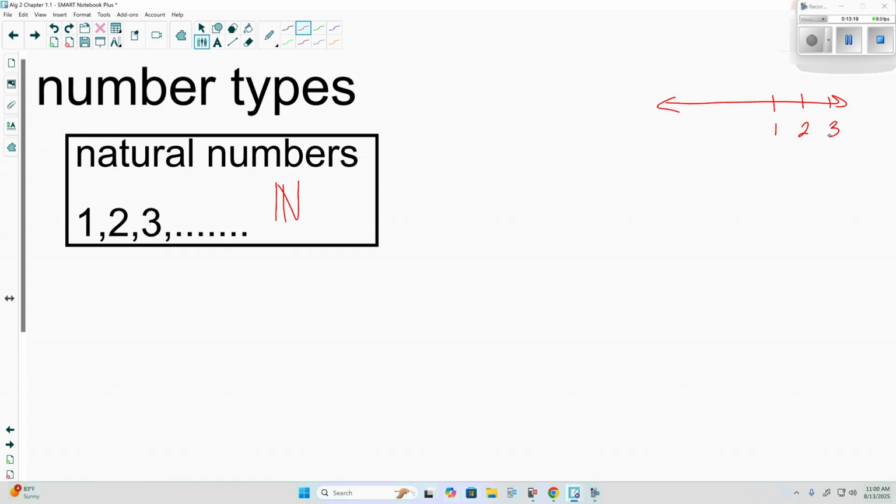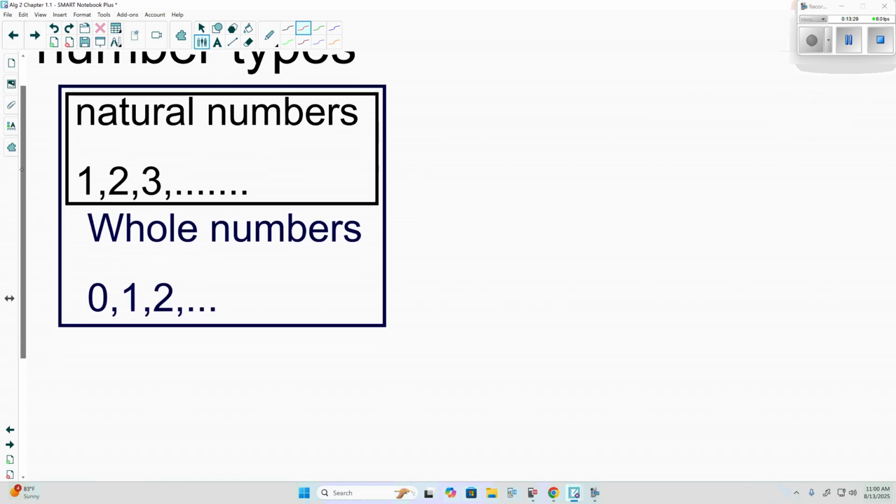Well, you've had Algebra 1, you've had geometry. There's more numbers than just those, yes? And that takes us to our next type of numbers, which are whole numbers. Can y'all tell what the difference between natural and whole numbers is? There's only one main thing. 0.